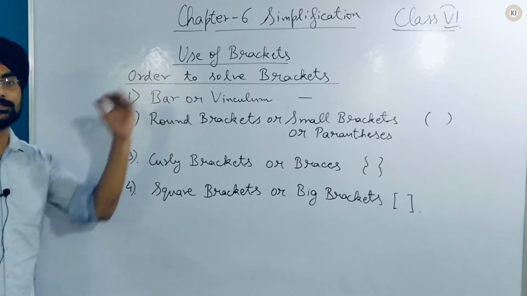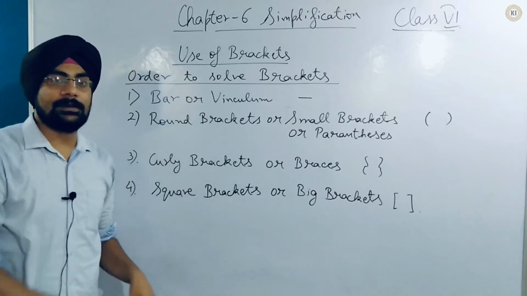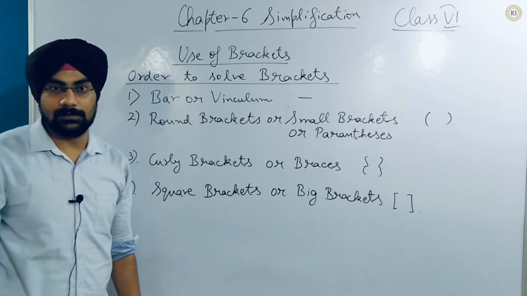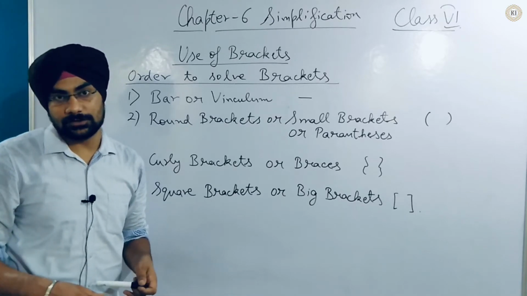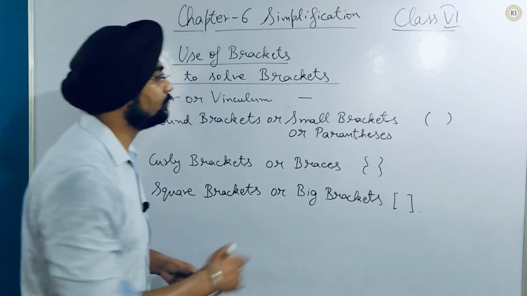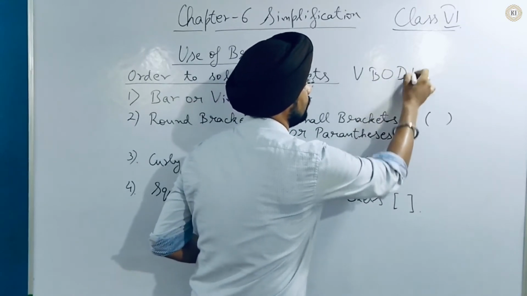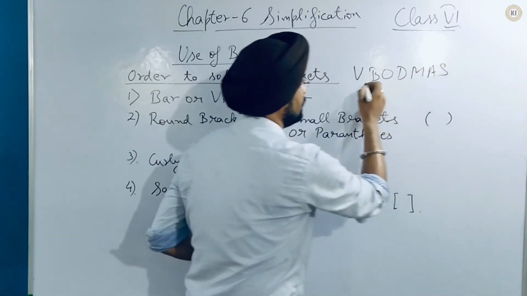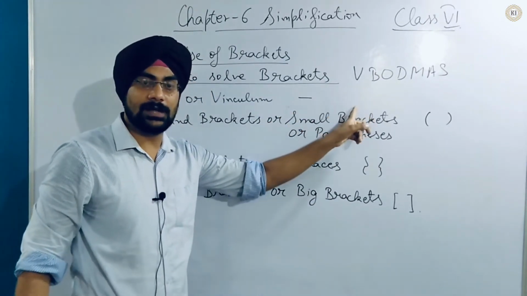So in this order we are going to solve the questions whenever all the brackets are given in the numerical problem. Second thing, by which rule are we going to solve the questions? The rule will be VBODMAS, where V stands for Vinculum or bar bracket.